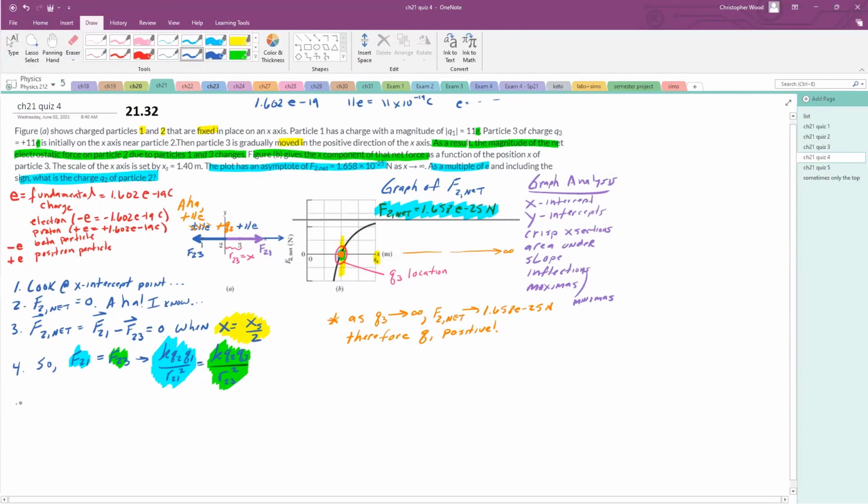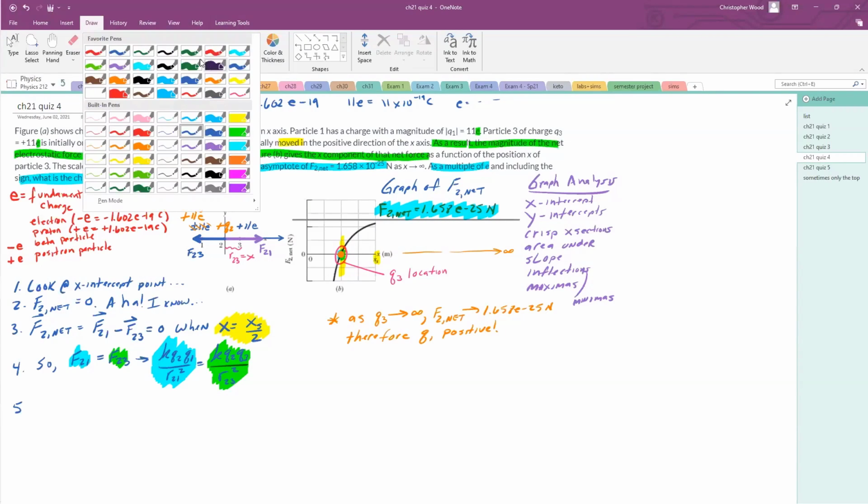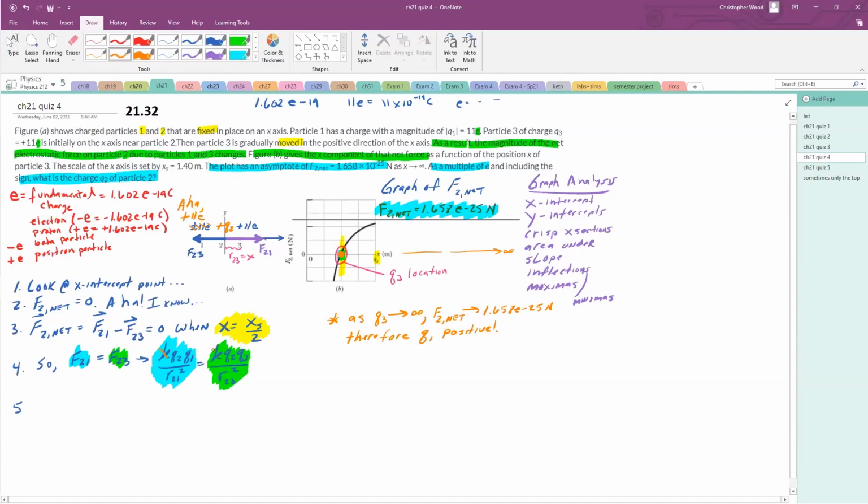All right, number 5. We're looking for the charge on Q2. Before we isolate Q2, let's take care of low-hanging fruit. K's cancel, Q2's cancel.